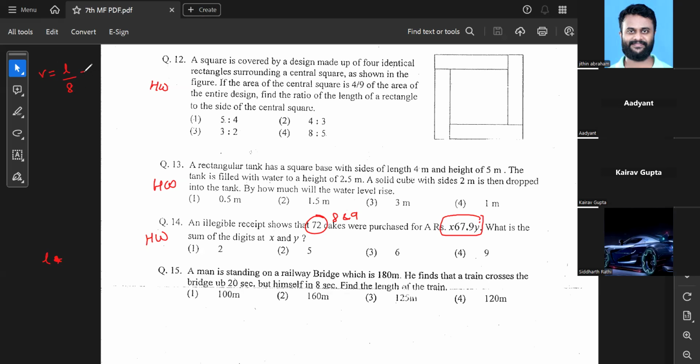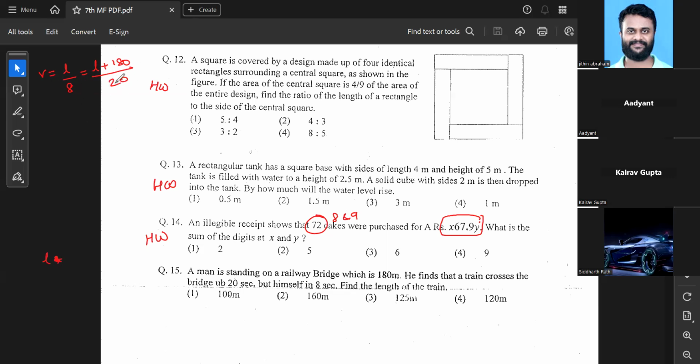But that speed is also equal to when it was passing through the bridge, where the distance covered was L plus 180. The bridge is 180 meters, but the whole train passed, not just the head; the tail has also passed, so the total length must be considered in the distance, upon however much time it has taken.